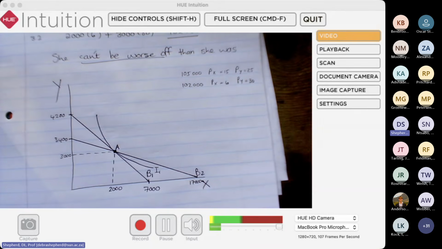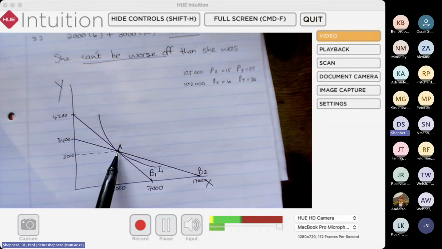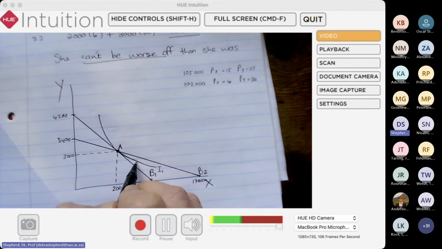Now, why this is important to illustrate is because what we can then see is that if she had to move along this indifference curve, so this is the level of satisfaction she was able to achieve last year. If we move along this indifference curve, we remain equally satisfied.